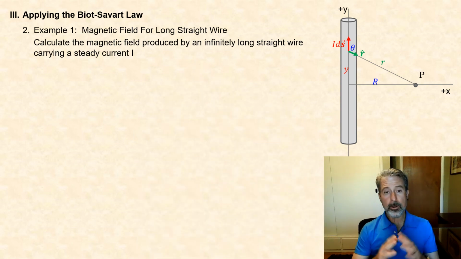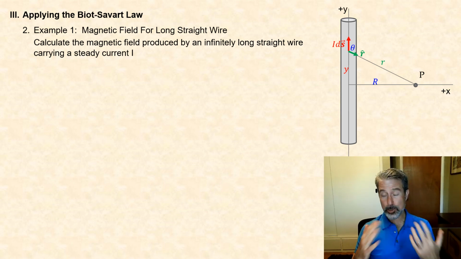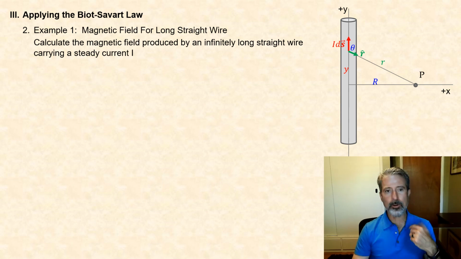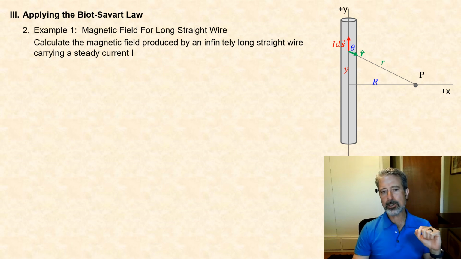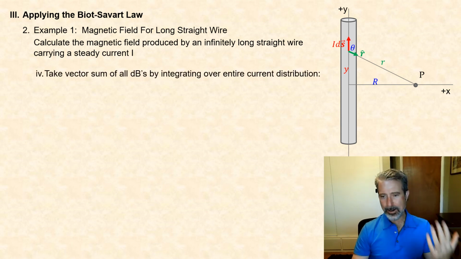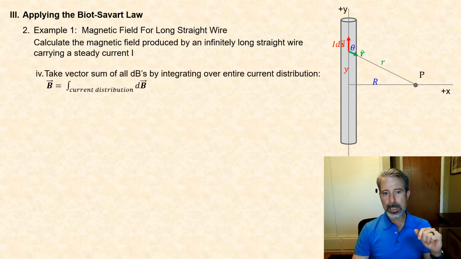All right, so now that we know the direction of the field and we have an expression for the magnitude of dB expressed in terms of a single integration variable, all that's left to do is to perform the integral to sum up all of these infinitesimal field contributions due to all these current elements. As I said, this amounts to taking the integral over the limits of the current distribution.